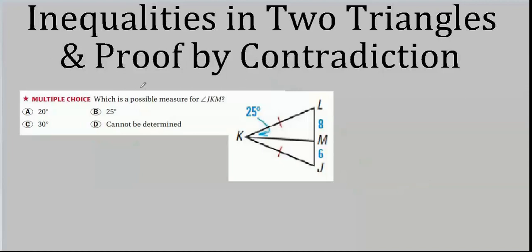Which is a possible measure for JKM? JKM. So, that's this angle right here. Well, what do we know? We know that this is an isosceles triangle.